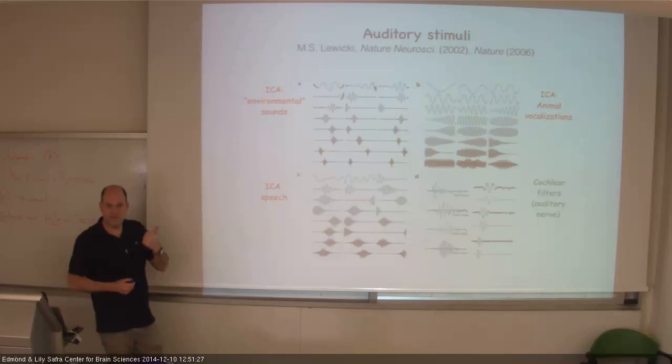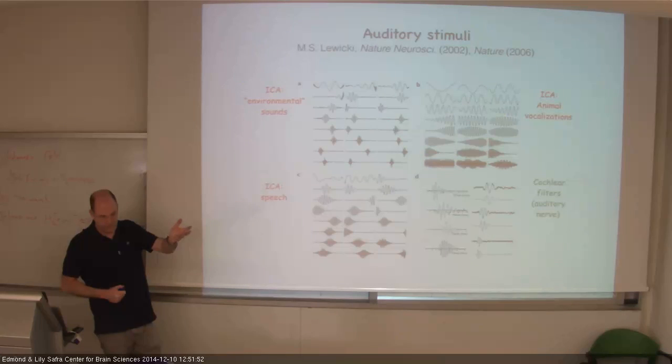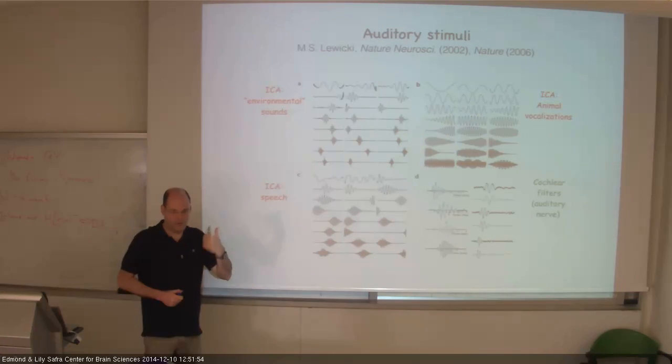Another sensory area where this would seem to be the most natural thing to do is olfaction, because in olfaction, we indeed have sources which are odors, which are some mixture of sources, and the way we sense the odors is by the way that they stimulate the different olfactory receptor types.